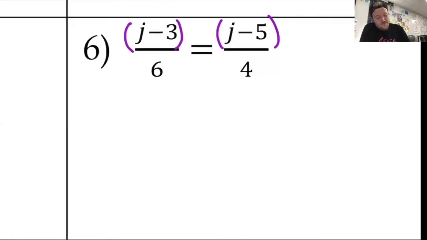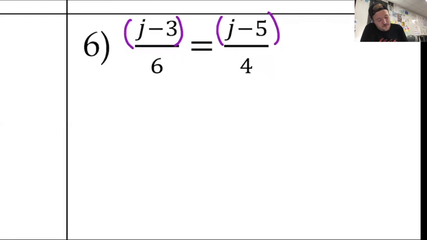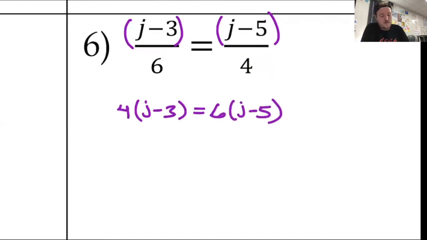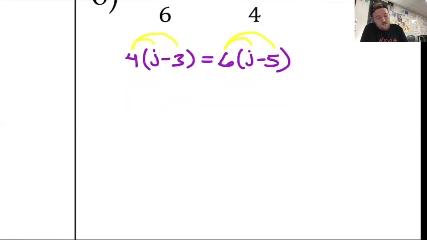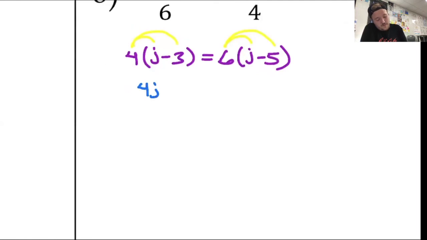All right, so anyways, cross multiply. So I'm going to do 4 times j minus 3 equals 6, parentheses, j minus 5. So distribute in both places. So you're going to have 4j minus 12 equals 6j minus 30.